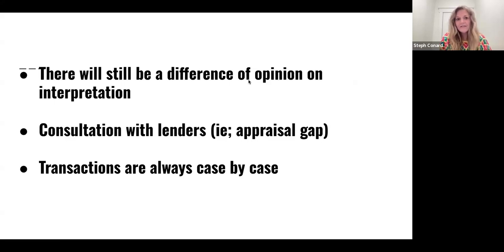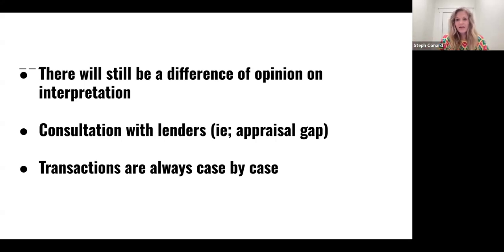Now, some warning language in terms of how people have interpreted the expanded language. With contract language, none of this is perfect.